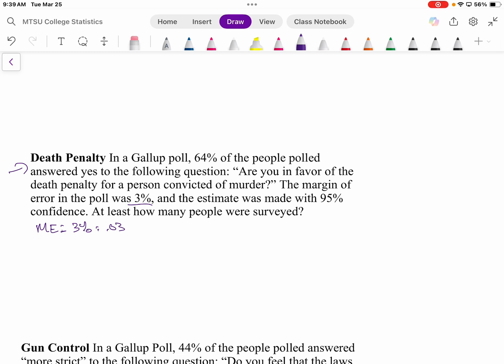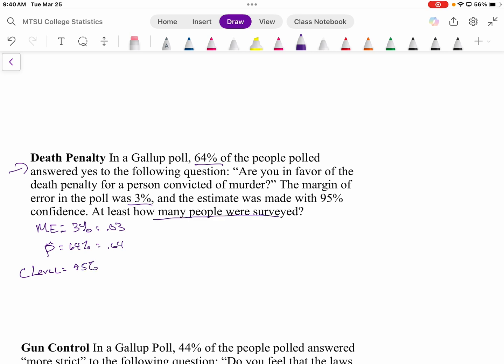They told us p-hat was 64%. So that's 0.64. And then now they say we have a confidence interval of 95%. So our confidence level is 95%.